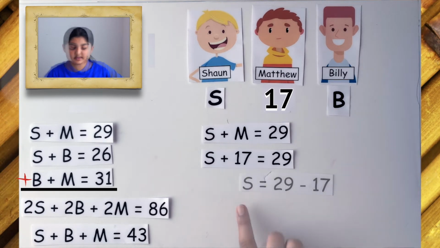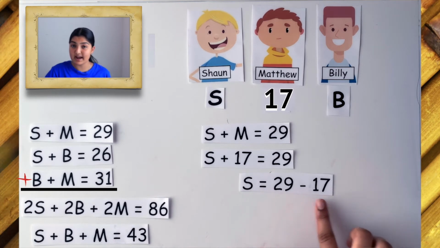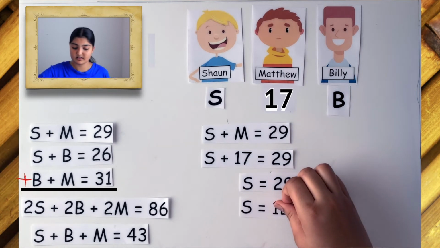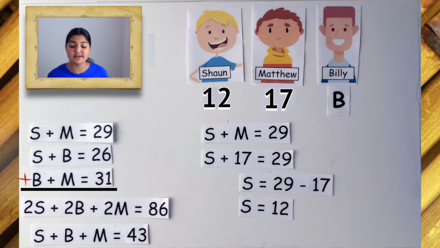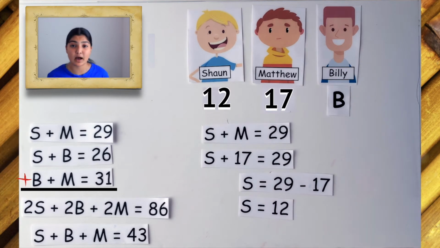So s is equal to 29 minus 17, or s is equal to 12. So now we know how old Shaun is. Shaun is 12 years old.